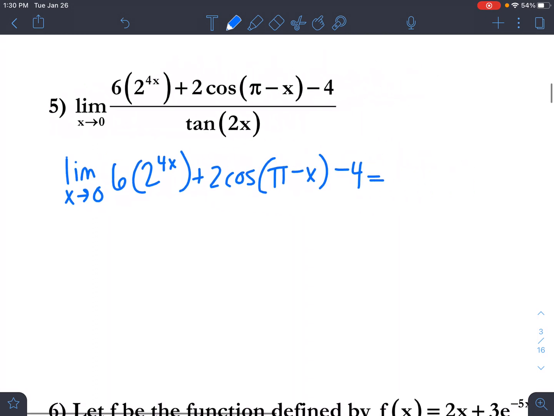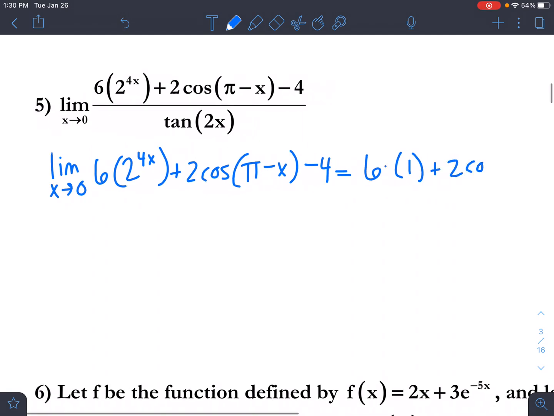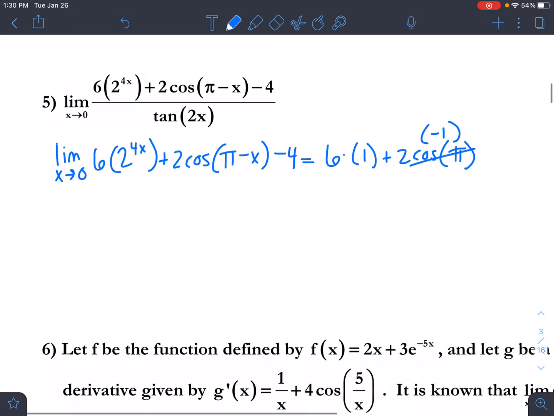Okay, then I'm going to take away the limit because I'm going to actually plug in 0. So 6 times 2 to the 0th would be 1, plus 2 times cosine of pi minus 0. Cosine of pi is -1, and then minus 4. So this gives me 6 minus 2 minus 4, which is 0.